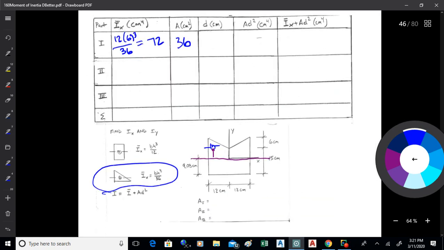So we good, 9.08? And then for our AD squared, we'll take 36, which is the area, times the 9.08 squared. And that will get us the offset term, the transfer axis part of this.